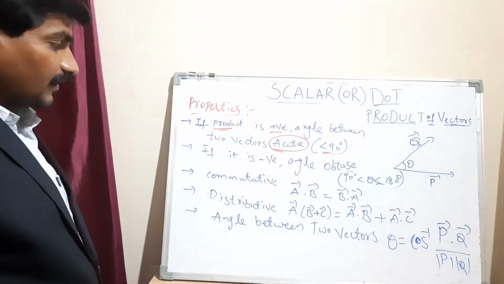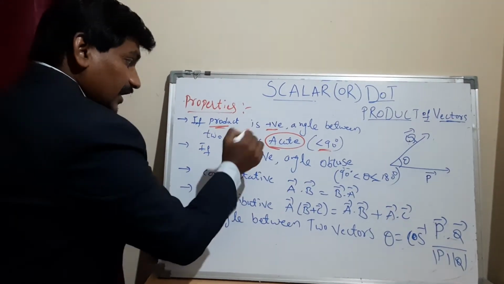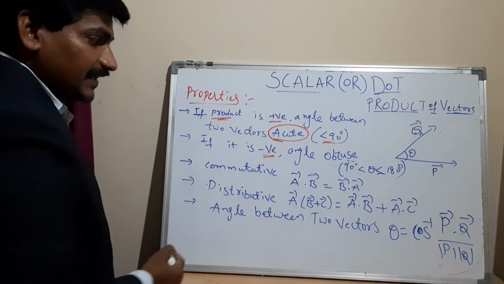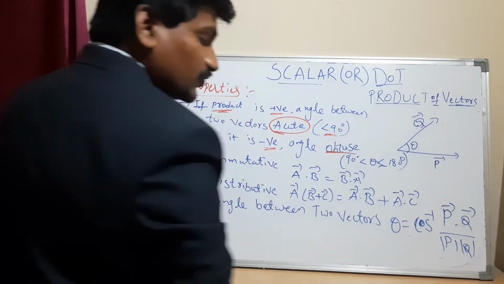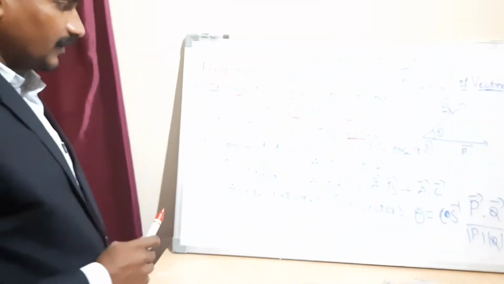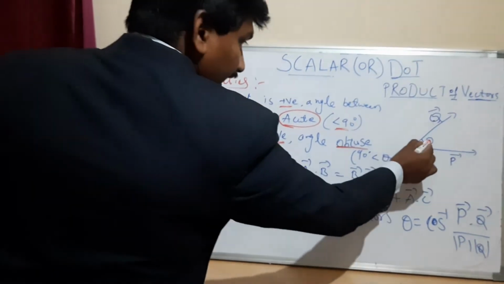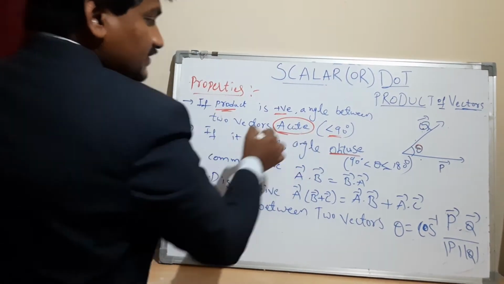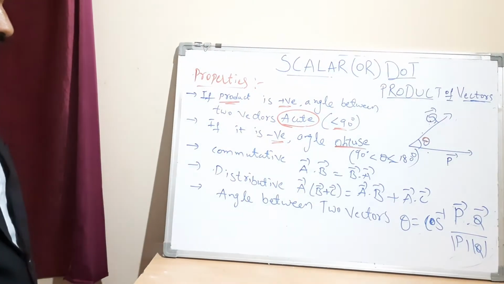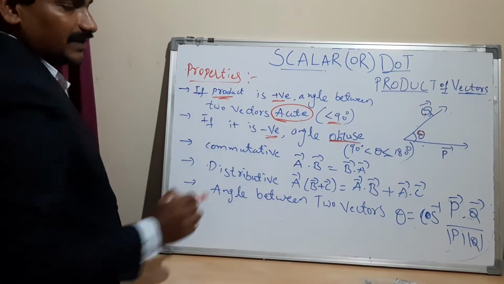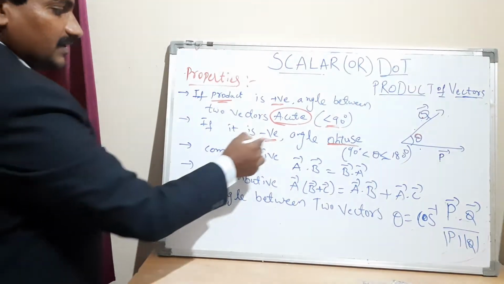If the scalar product is a negative value, then the angle will be obtuse, that is between 90 and 180 degrees. So this is the angle between the two vectors. Sometimes it is acute, sometimes obtuse, depending on the physical quantities. Depending on that, the magnitude of the scalar quantity changes.